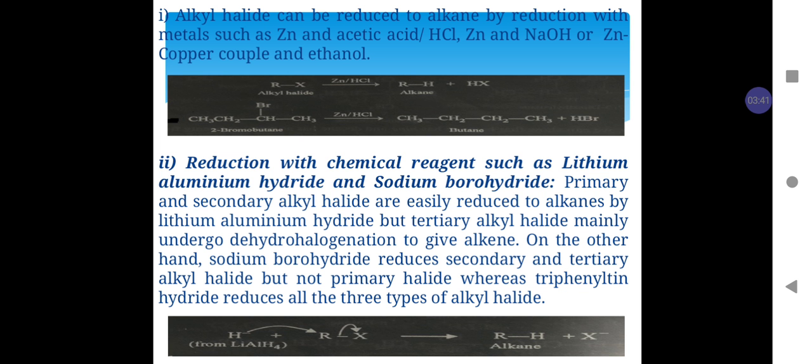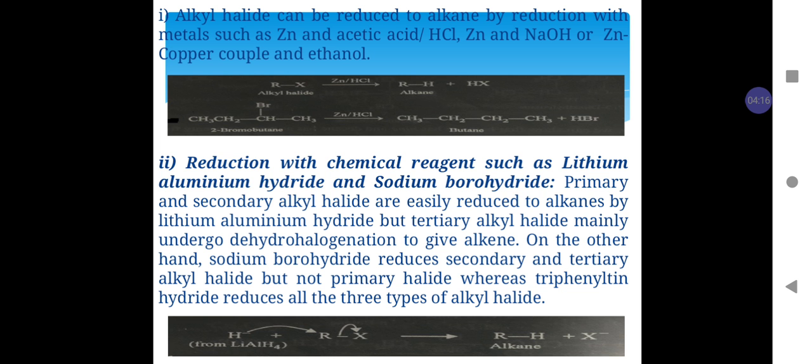Lithium aluminum hydride can reduce easily primary and secondary alkyl halide to alkane, but tertiary alkyl halide undergo dehydrohalogenation to give alkene. For example, if we reduce ethyl chloride with lithium aluminum hydride, it will form ethane.